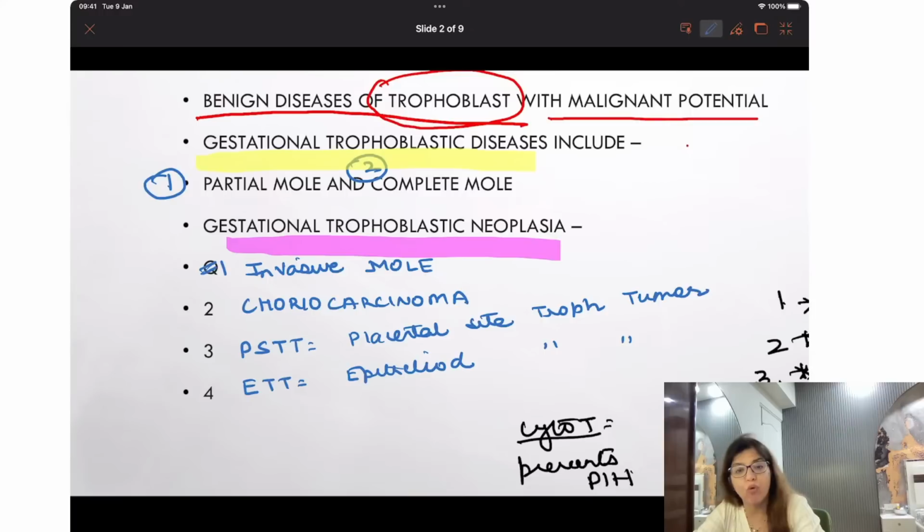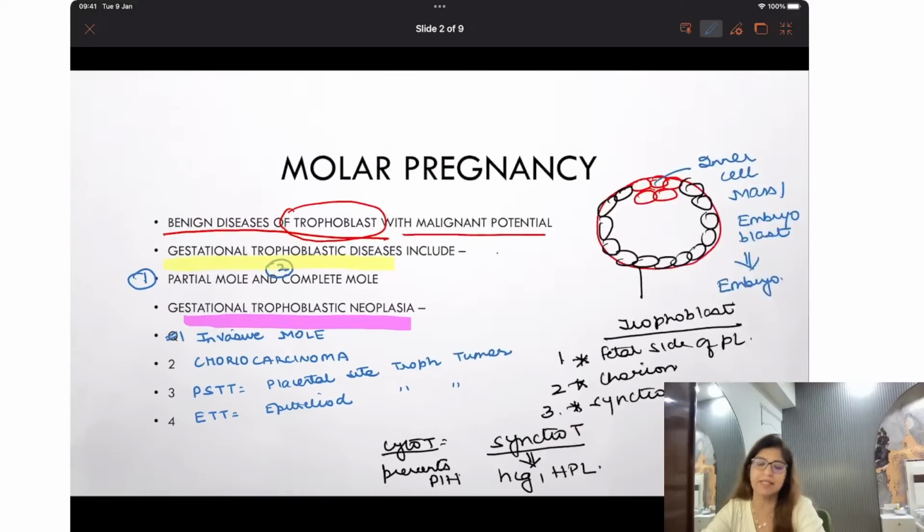So these are 4 malignant conditions included in gestational trophoblastic neoplasias. Gestational trophoblastic diseases: partial mole and complete mole; gestational trophoblastic neoplasias: invasive mole, choriocarcinoma, PSTT and ETT.